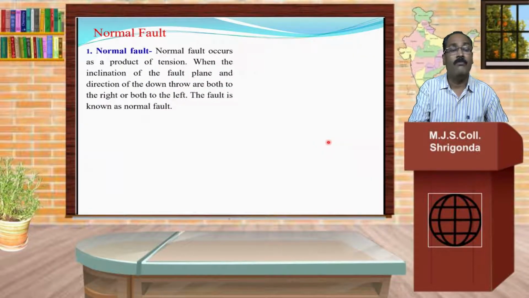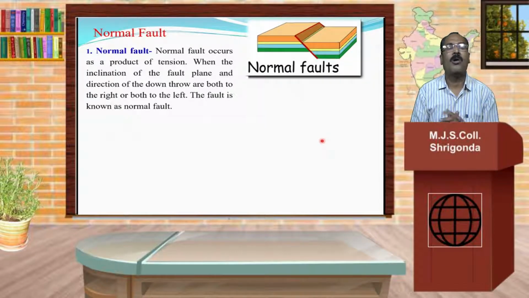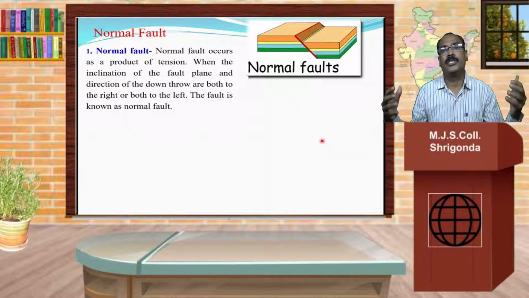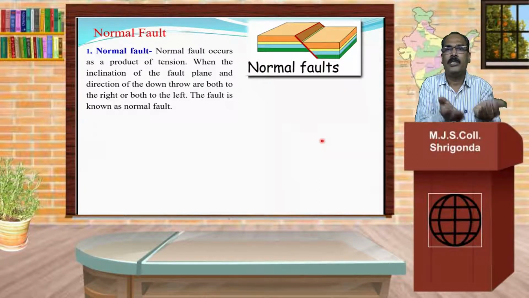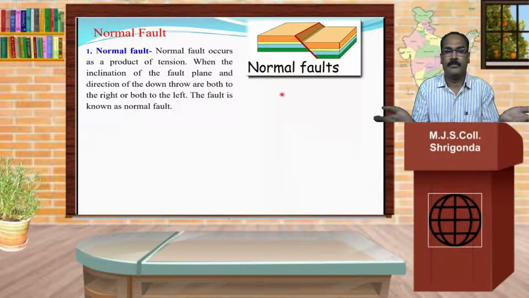Okay, normal faults. What is meant by normal faults? Normal faults occur when tension is produced. At this time the rock strata move away from each other.